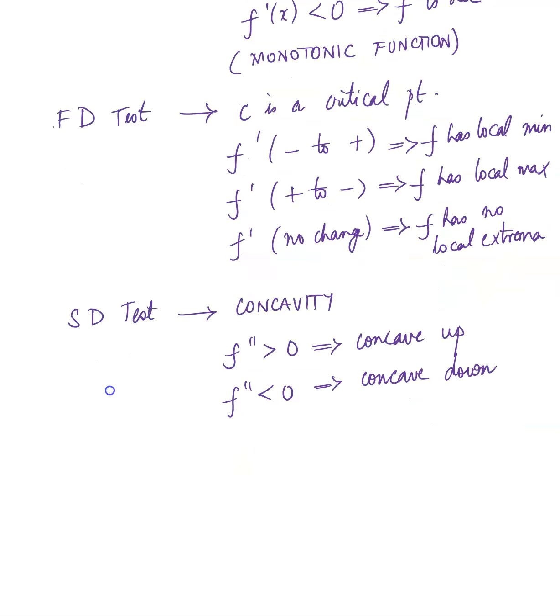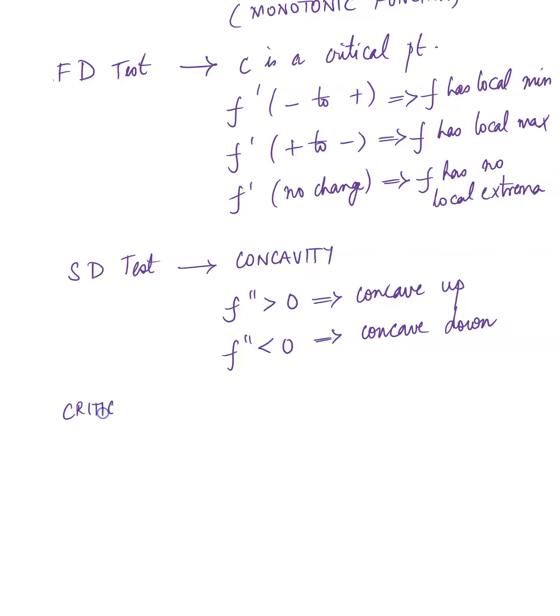Then we'll also quickly define critical point. We defined it way back, but that's okay. A critical point is where f prime of c is 0 or f prime of c is undefined. We needed that right in the beginning.